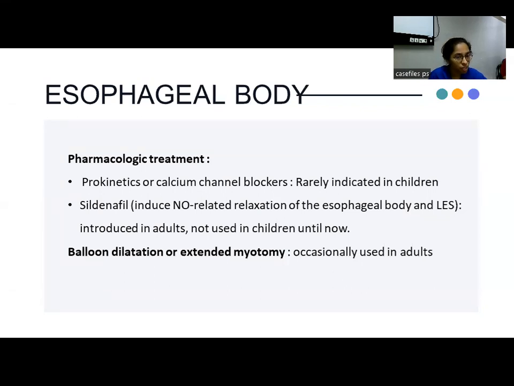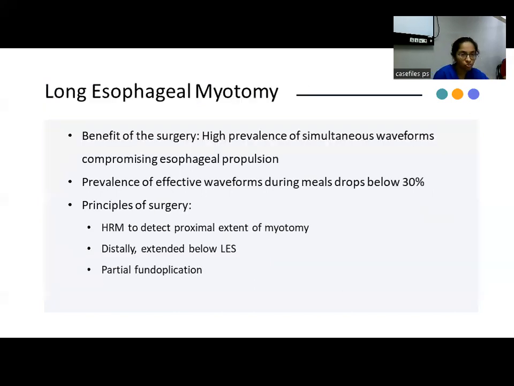Another modality of treatment is balloon dilatation or an extended esophageal body myotomy, which are occasionally used in adults. Long esophageal myotomy is beneficial in patients with a high prevalence of simultaneous waveforms compromising esophageal propulsion.